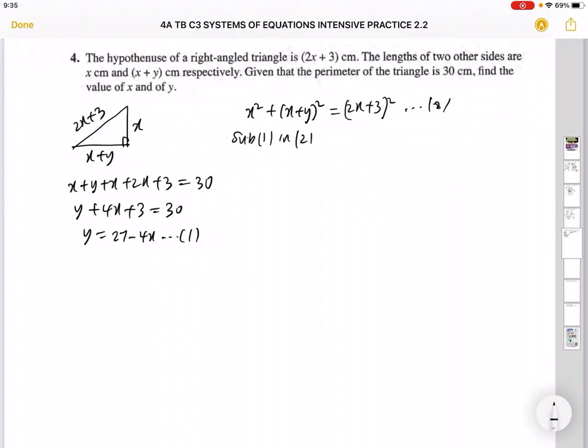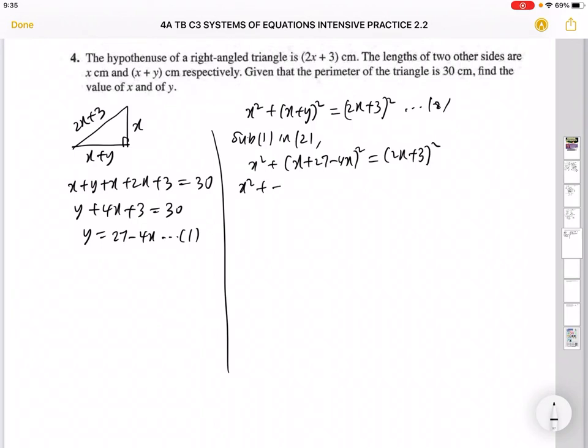My x is still the same, don't change. My y is 27 minus 4x. Square it. This is (2x plus 3) squared. Okay, before I expand the bracket, let's simplify this. This will be 27 minus 3x. Yeah, still a big number, right?